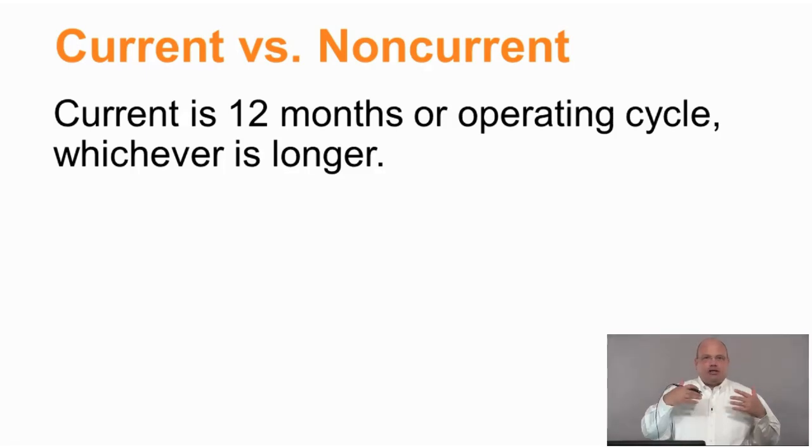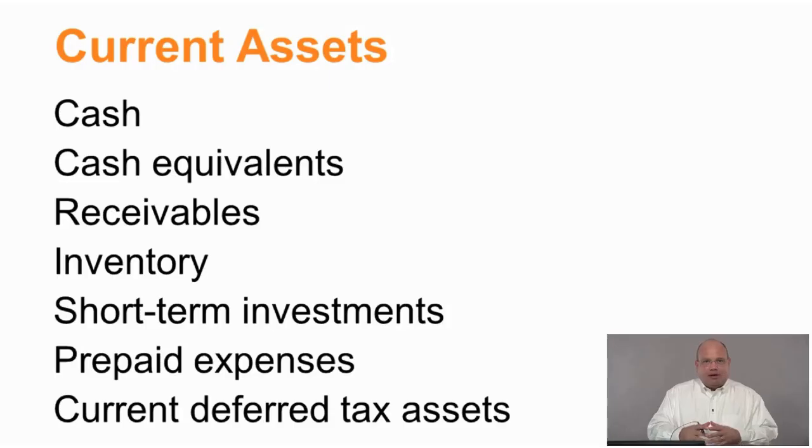Now, what we're going to do is just list some of the current and non-current assets and liabilities. We'll talk about some of them in more detail separately, but just to understand what these are. The current assets: cash and cash equivalents, receivables, inventory, short-term investments, prepaid expenses, and current deferred tax assets. Okay? Those are examples of current assets.